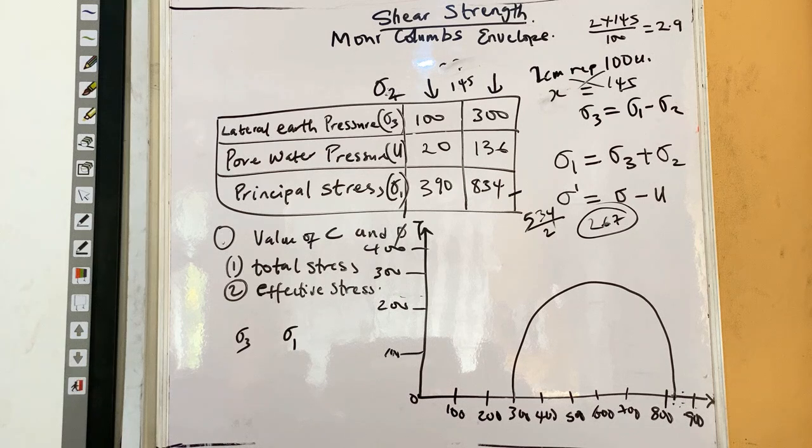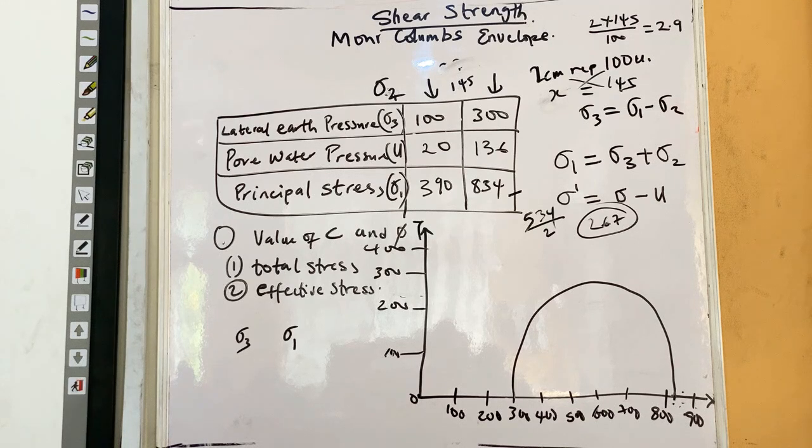The graph is not correct. So the graph and the other side. You are placing it here now, okay? This 390, this 100, just come out of that.